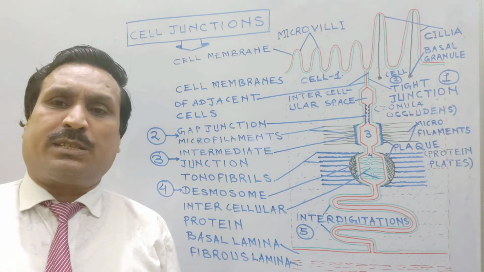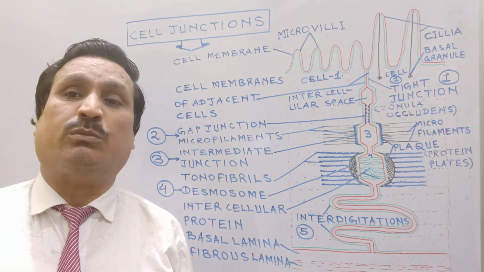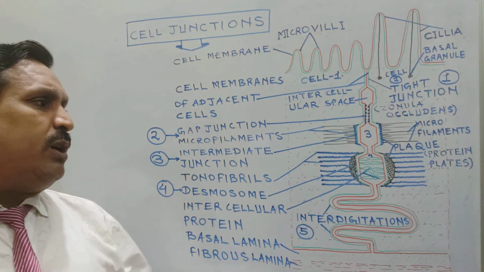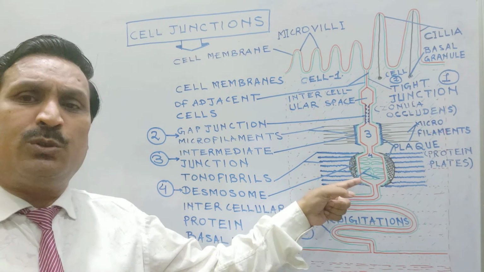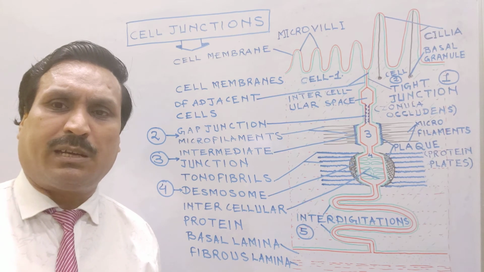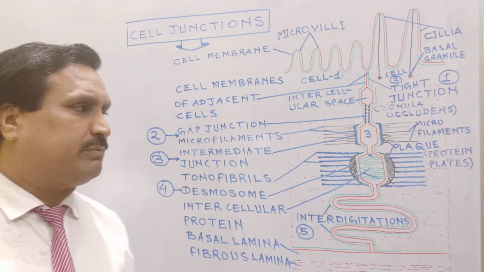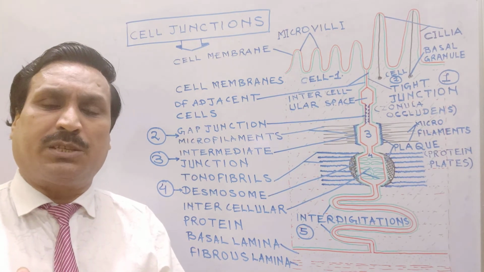Now, the sixth type of junction is hemidesmosome. You have understood about desmosome, and you know well that hemi means half. Hemidesmosome means half desmosome. Hemidesmosome is not a special type of junction.